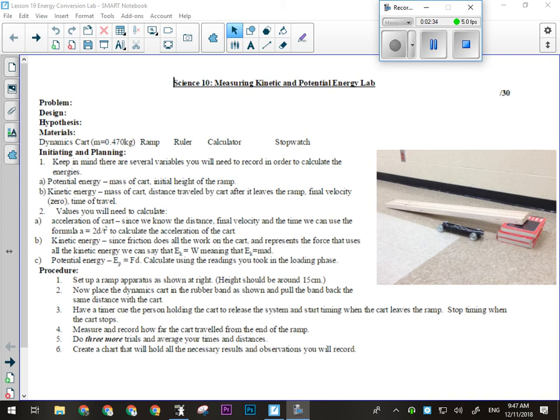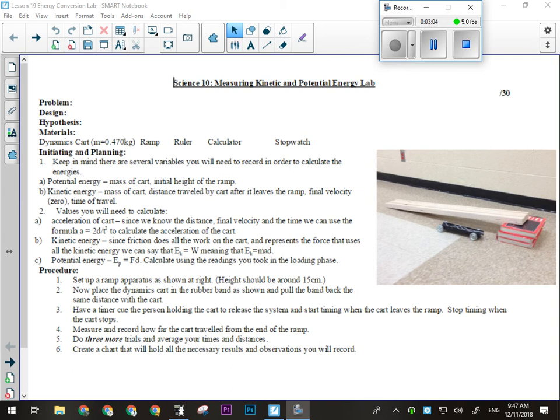That means we have to have some to start with. So we're manipulating something. At the beginning of this lab, we're doing something. I'll accept either one: either what we have at the start of the lab, or what we do in order to have that at the start of the lab, would be your manipulated variable. I know that seems really cryptic, but I'm pretty sure you guys can figure that out.